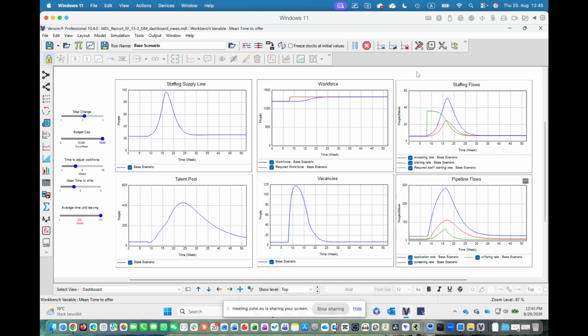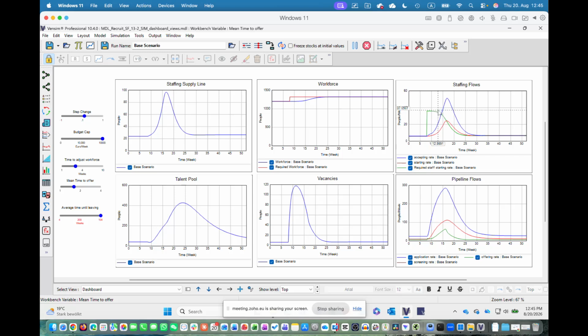Also, what's happening is we see our required staffing rate is shooting up. Now, this is not exactly 120 people, because the operations manager might take some time and not adjust on the spot how many people they want to hire, which means they take some time to request new open positions over time.